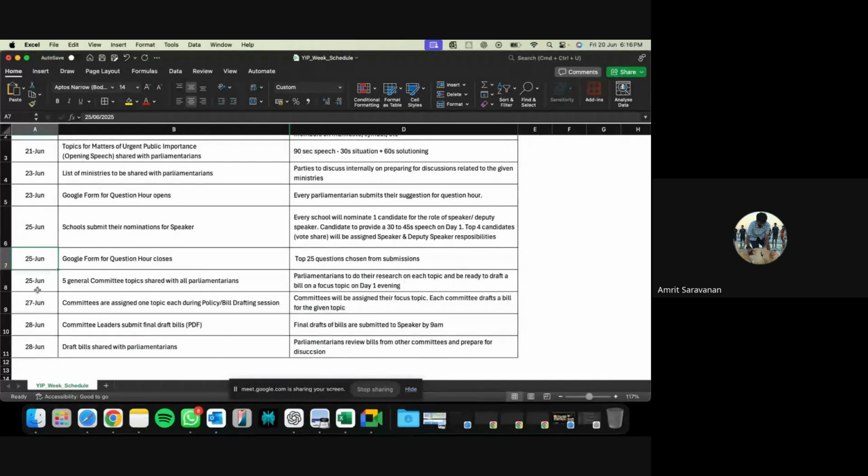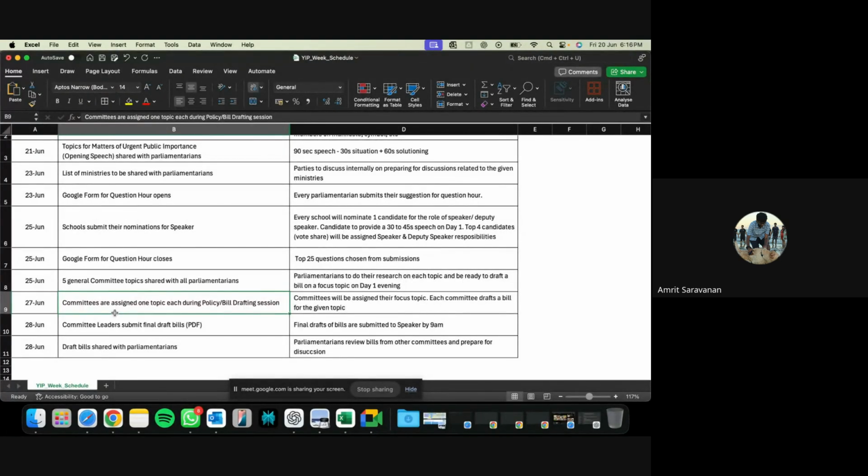Then on the day of the event, like I told you, you'd be assigned the topic for your committee, and then you would prepare during that 1 hour, as well as the evening that follows, the draft of the bill that you want to submit.